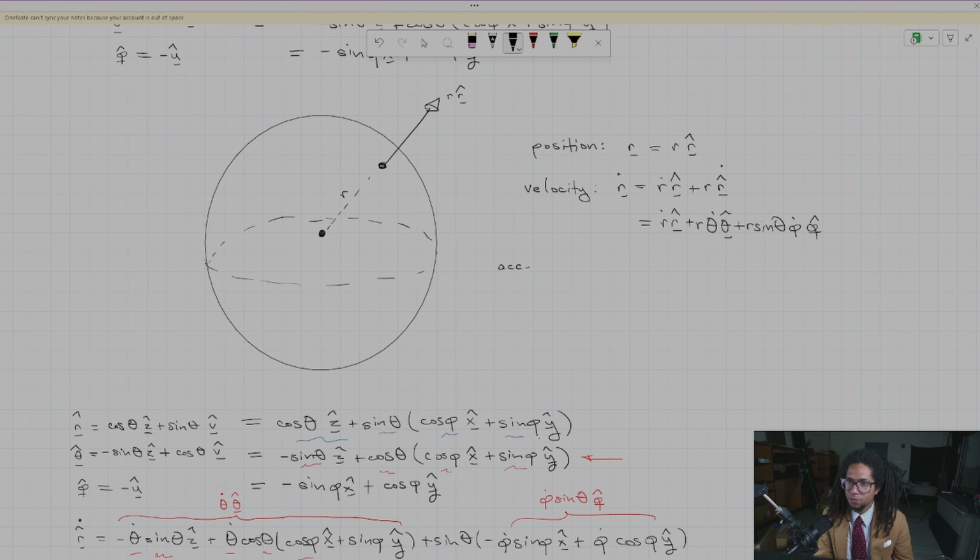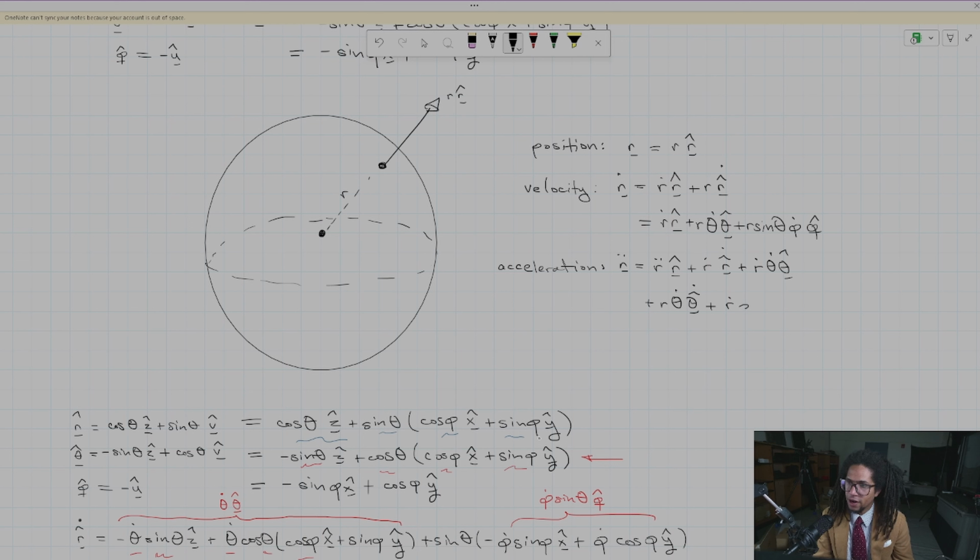What about for acceleration? For r double dot, we just need to use the product rule once again. So r double dot r hat, plus r dot r hat dot. Now there are a bunch more terms. We'll get r dot theta dot times theta hat, plus r theta double dot theta hat, plus r theta dot theta hat dot, then plus r dot sine theta phi dot phi hat.